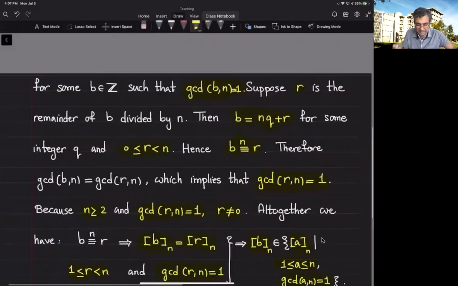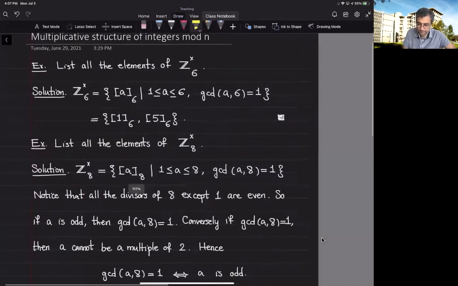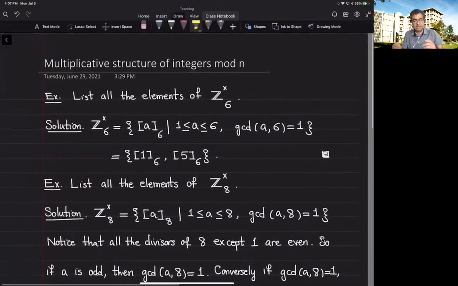Okay, let's see an example or two. Let's say we list all the elements in Z sub 6 cross. That means we want to find all the units in Z sub 6. We proved that the units of Z sub n cross consist of residue classes represented by integers from 1 to n, where GCD of a and n is 1.